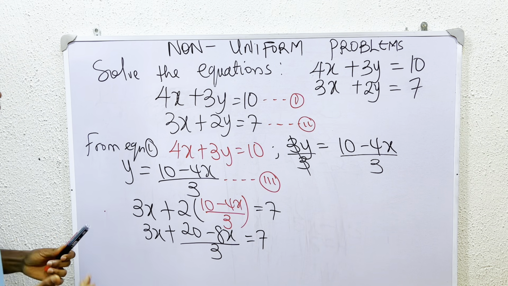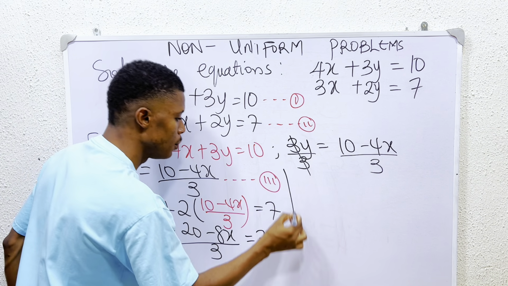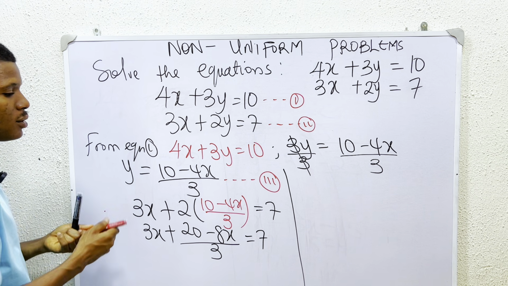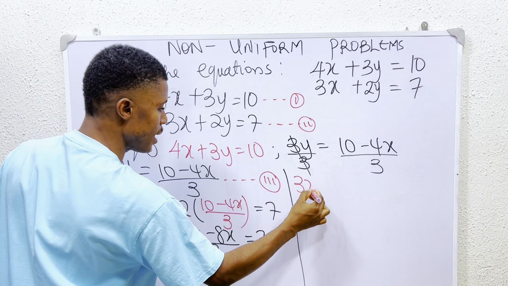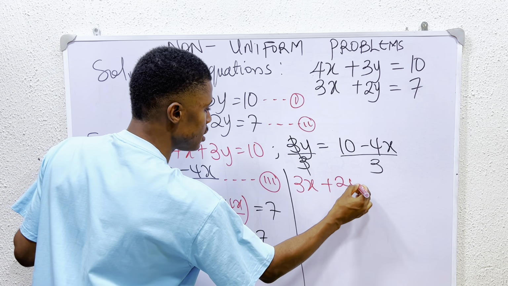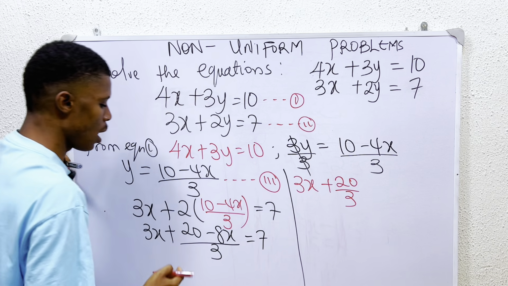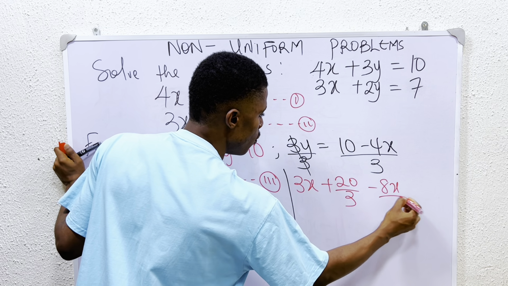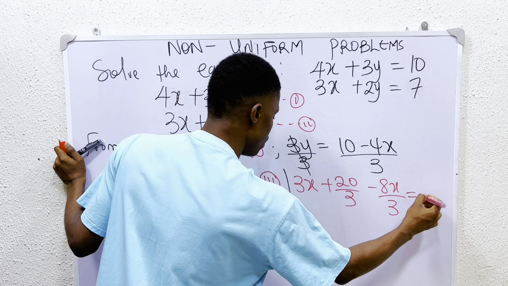The next thing we have to do is split the fraction. So we write it as 3x plus 20 over 3, then minus 8x over 3, and that's equal to 7.